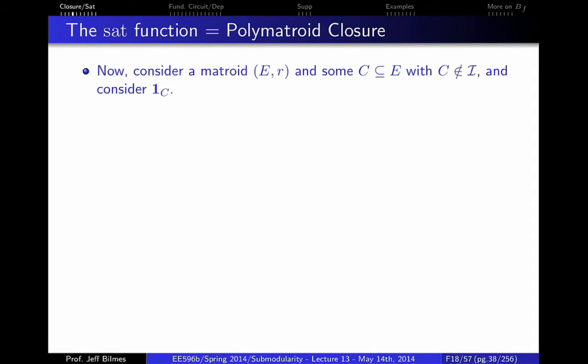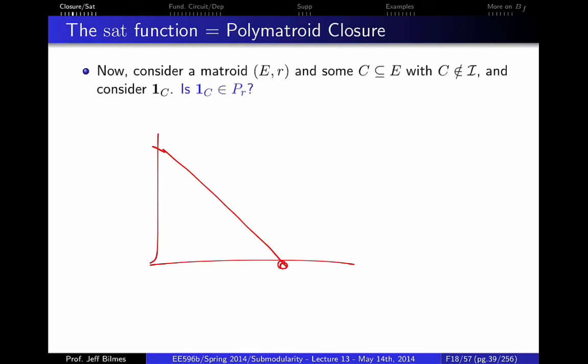Now, one of the things you might ask is, well, span is defined for any C, right? But if we take the incidence vector of any C, is that going to be in the matroid polytope? So, here's a matroid polytope, which is a triangle. And here's the incidence vector of, let's say this is E1 and this is E2.